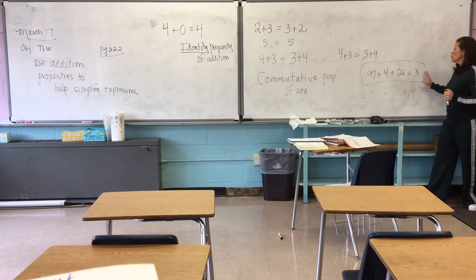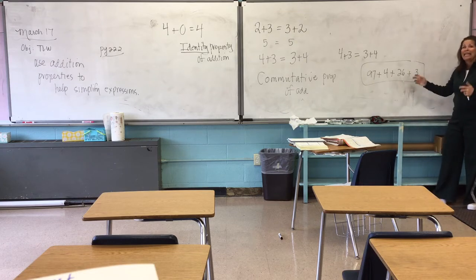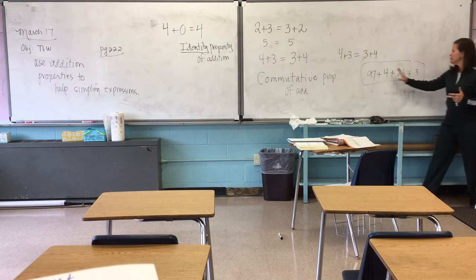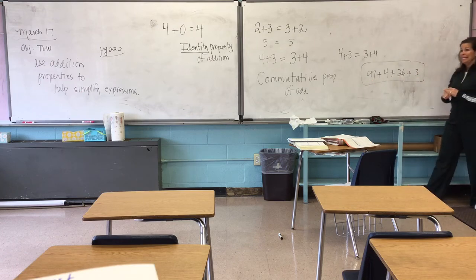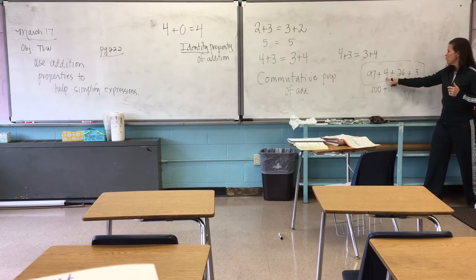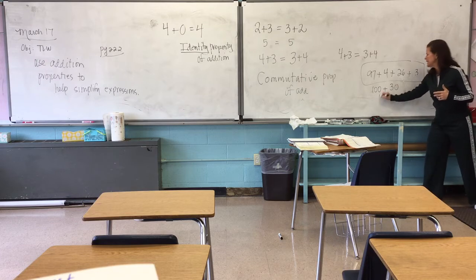Is there an easier way to add two of these numbers versus going from left to right? Can I change the order? For example, don't you think 97 plus 3 would be easier to add together? Because that's 100. And then 4 plus 26 is 30. That makes it so much easier.